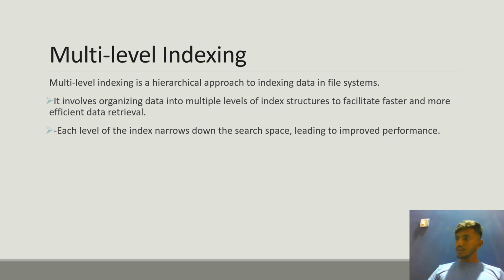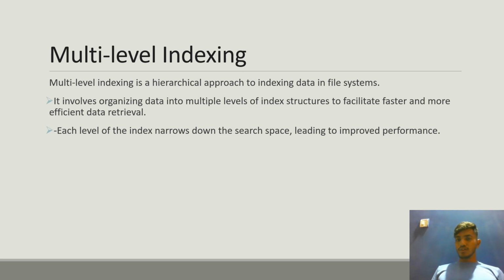Just as we assign index values to the array, in file structure also we assign some values to the files. It involves organizing data into multiple levels of index structures to facilitate faster and more efficient data retrieval.